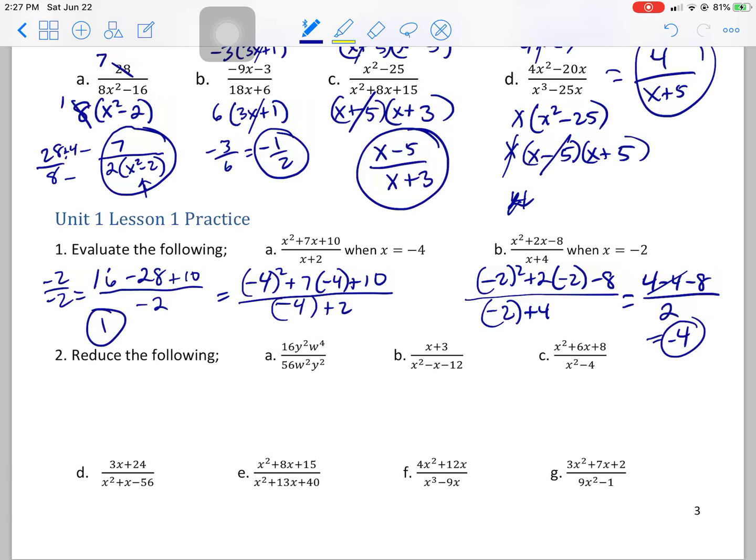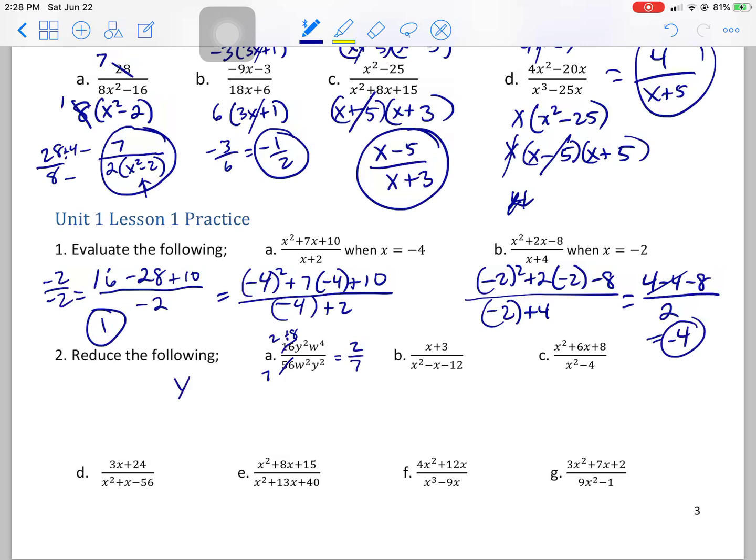All right, this one, 56 and 16, 8 goes into that. Divided by 8 is 2, and divided by 8 is 7. So that's going to be a 2 over 7. And then we have, oh, they're trying to be tricky. Look at the y's.